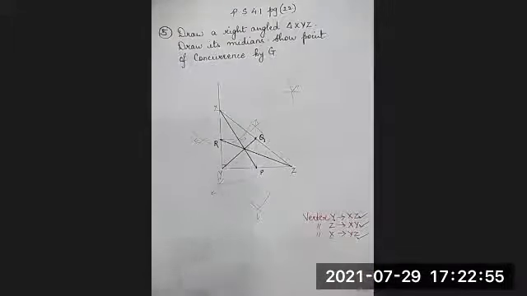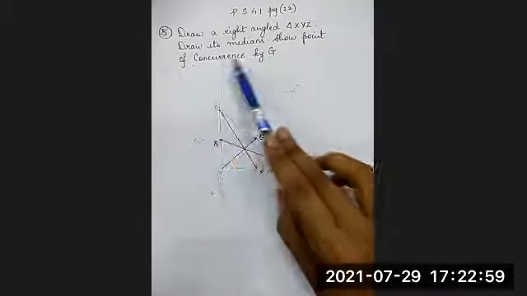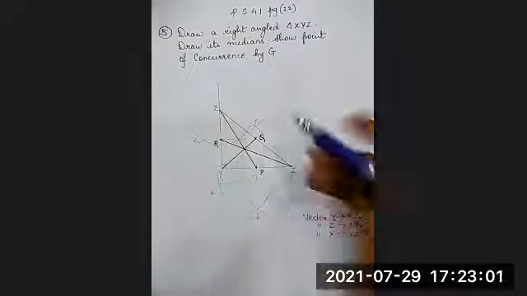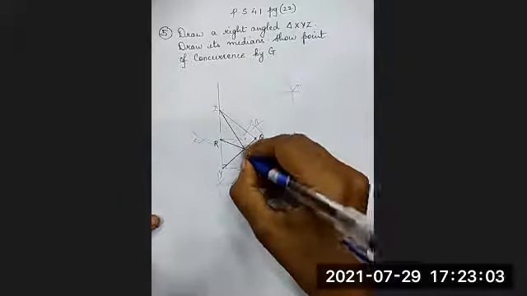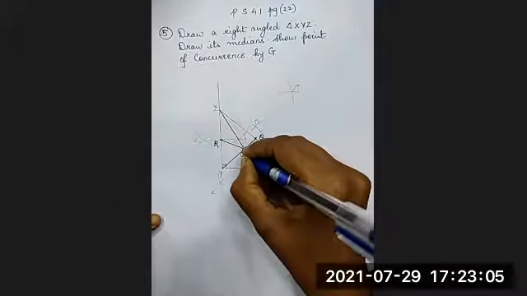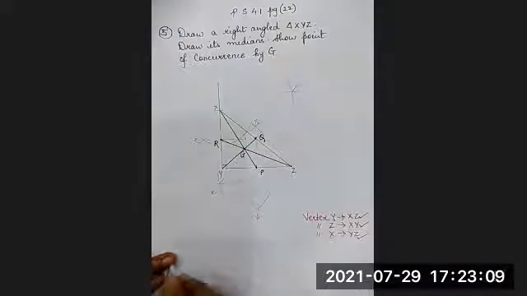Now let us see what is asked in the next part. Show the point of concurrence by G. So the point of concurrence is this, which means G is the centroid. So this is your point of concurrence.